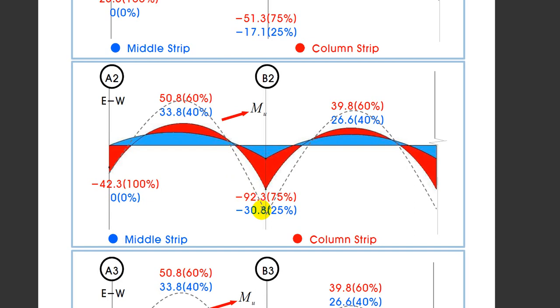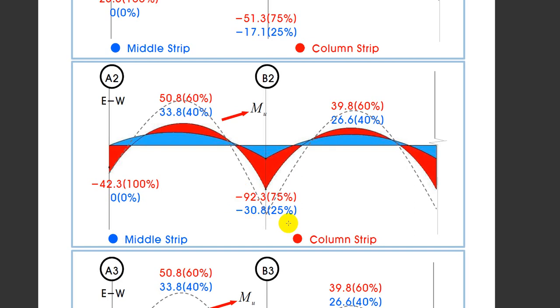And here the interior edge, we have 92.3, which is 75% of total statical moment, and 30.8, which is 25% of total statical moment.